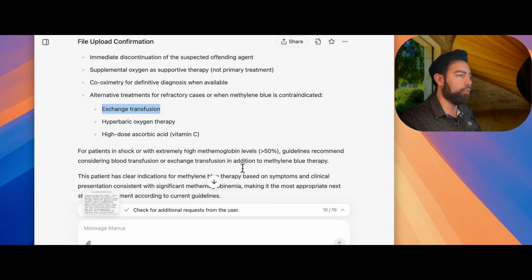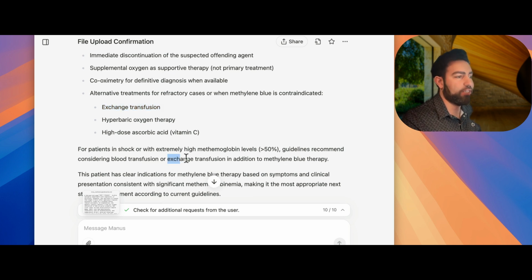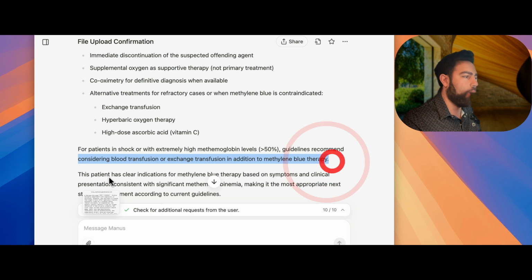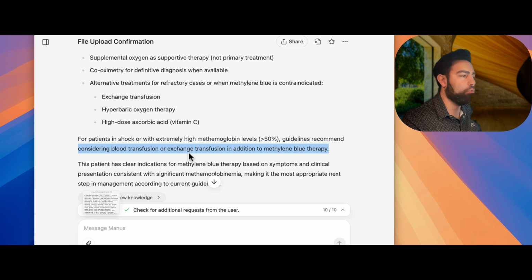For a patient in shock with extreme high methemoglobin greater than 50%, guidelines recommend considering blood transfusion or exchange transfusion in addition to methylene blue therapy. So this is in case of a very, very severe, probably the guy completely cyanotic and the methemoglobin is greater than 50%. This is where you may need to probably do both, give blood transfusion, exchange transfusion, in addition to the methylene blue therapy.